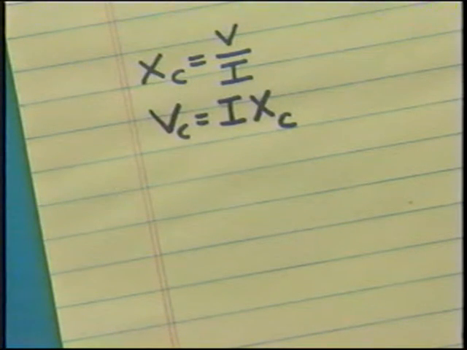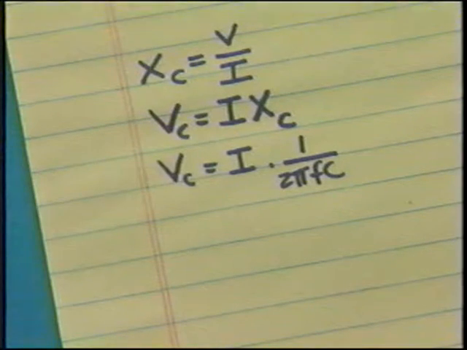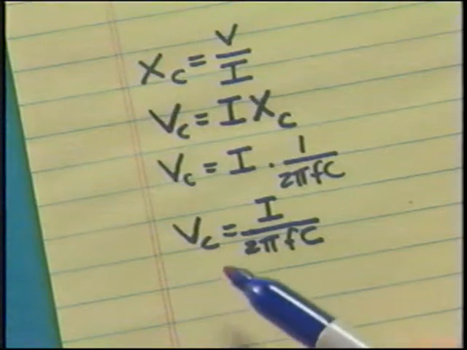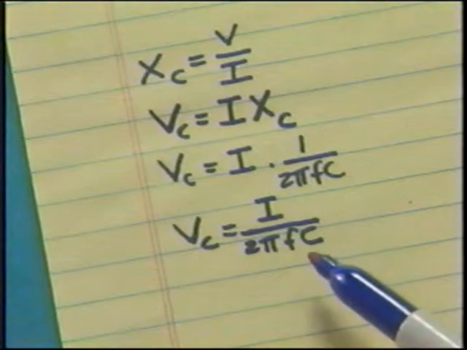V sub C equals I times X sub C. Now exchange X sub C in the formula for its equivalent value, 1 divided by 2 pi F C. Doing the multiplication yields V sub C equals I over 2 pi F C. This new formula, which was derived from what you already know, reveals the relationship between capacitive voltage and frequency.